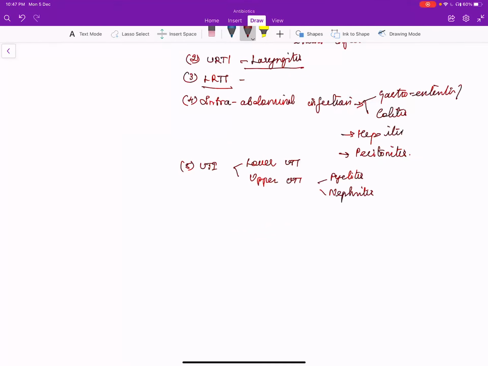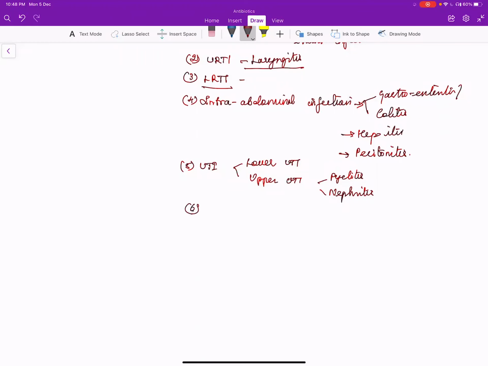But usually they both occur together, so we use the common term pyelonephritis. The term pyelo means the renal pelvis is inflamed. Nephritis means the kidney is inflamed. When the kidney gets inflamed, the inflammation spreads outside. That is what is called a renal abscess, perirenal abscess, those things.